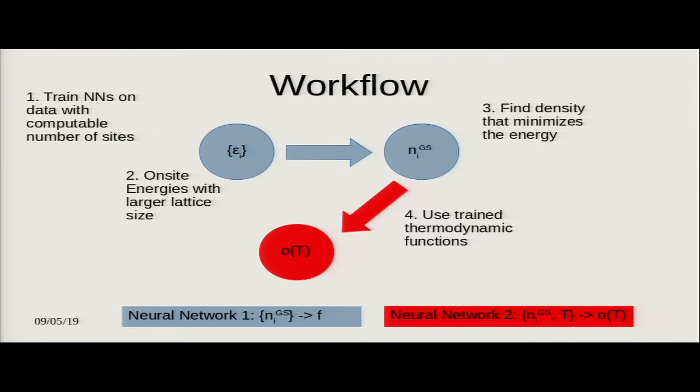Then we go to a bigger lattice size. We give in some on-site energies, we do our minimization, and we get out our ground state site occupations. And then we take these and put them into the second neural network, which gives us the thermodynamic properties.